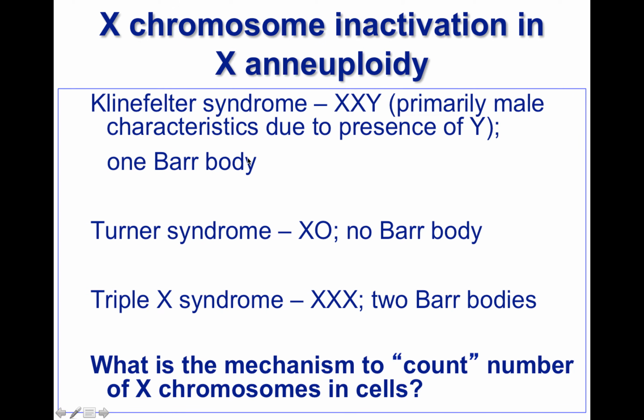It produces one bar body. In Turner syndrome, where only one X chromosome exists in every single cell, they don't make any bar bodies. And in triple X syndrome, there are two bar bodies present in every cell. So there is some mechanism to count the number of X chromosomes, and that awaits further research.